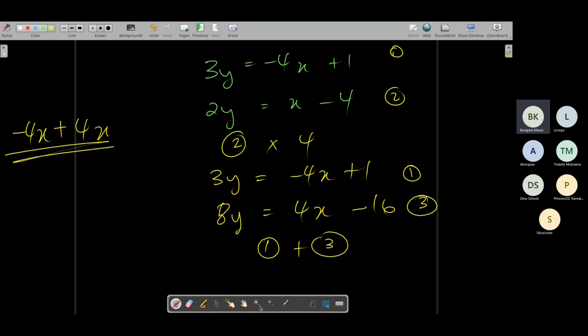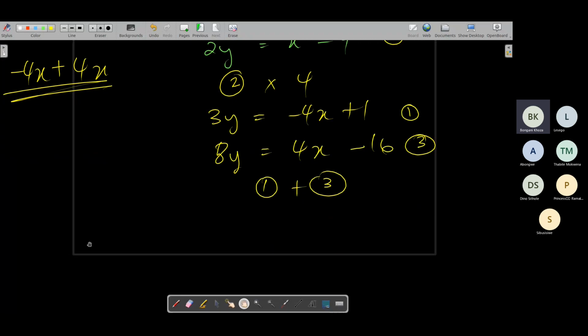So if I'm adding those two, we're gonna have 11y. I'm adding here, I'm gonna have 0. This I'm adding, I'm gonna have negative 15. Divide by 11, divide by 11. My y is equals to negative 15 over 11. Isn't that the answer we had?